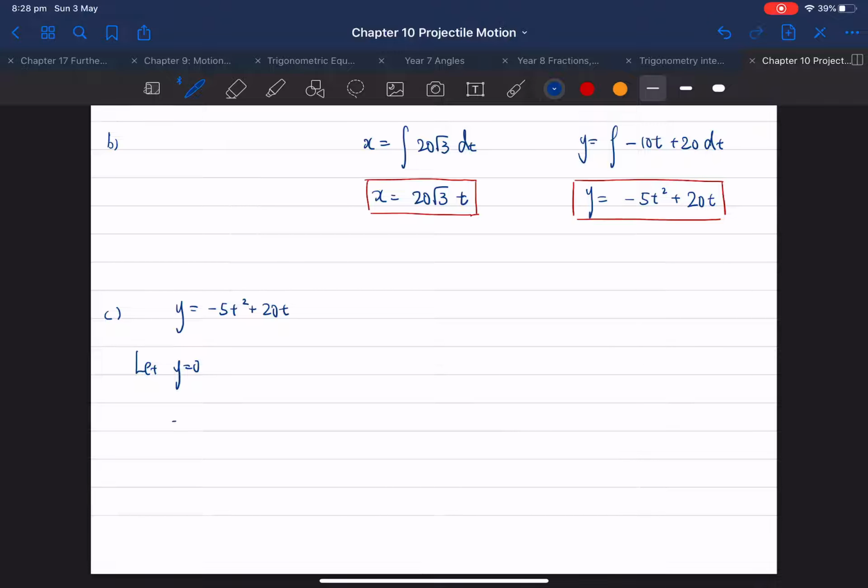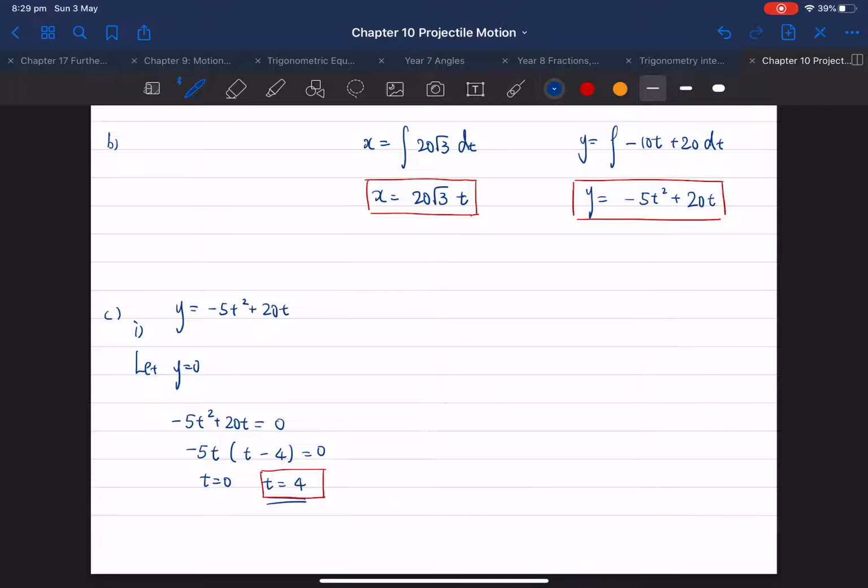Next, minus 5t squared plus 20t is equal to 0. If you take negative 5t outside, t minus 4 is equal to 0. So t equals 0, t equals 4. When t equals 0, obviously that is the starting point. And when t equals 4, that's 4 seconds later, the particle reached the ground again. Okay, so C, the first part, is finished. And that is our answer there.